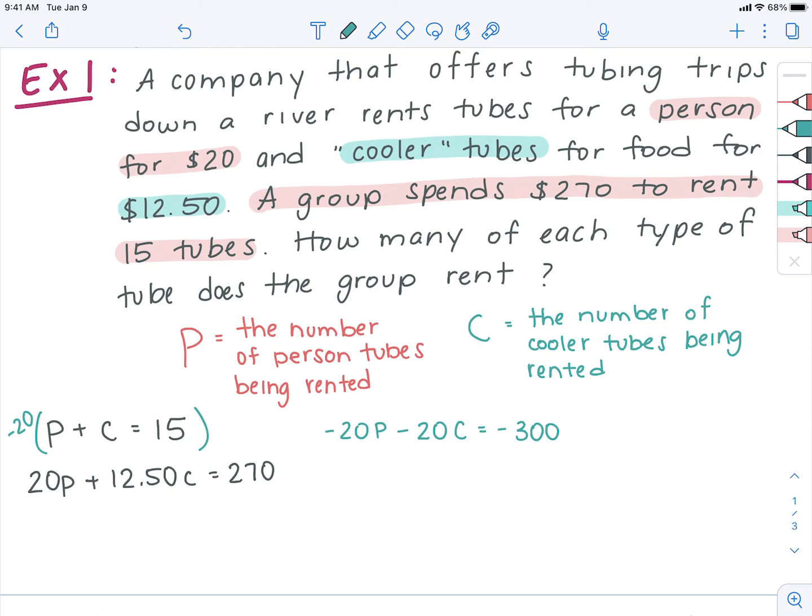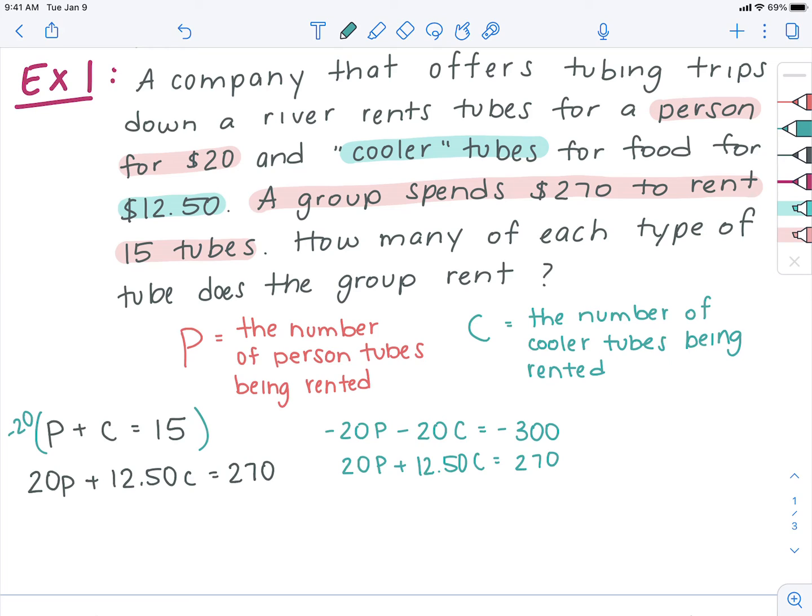And then I'm just going to rewrite my bottom equation because I'm not changing that at all. So I have 20p plus 1250c equals 270. And now my equations are set up for me to solve by elimination.